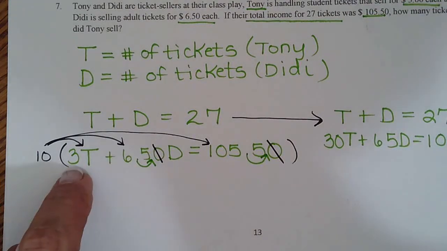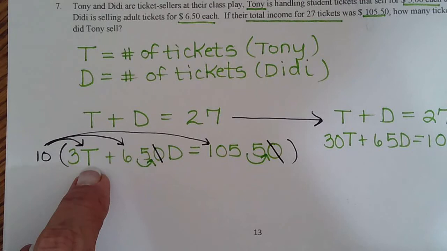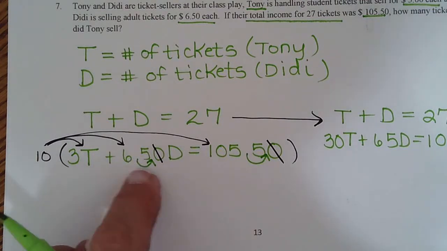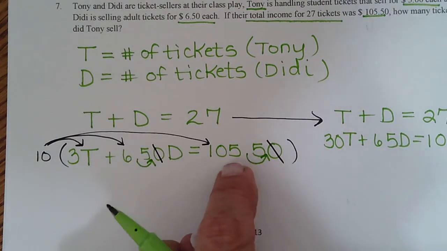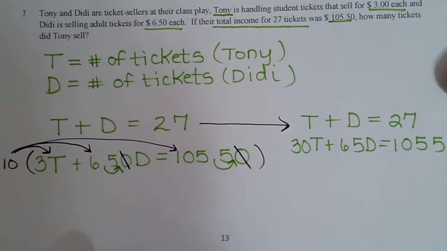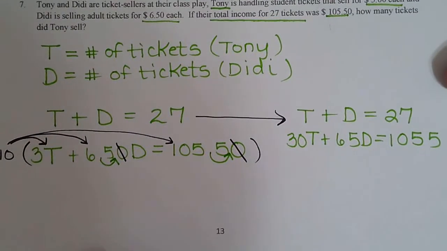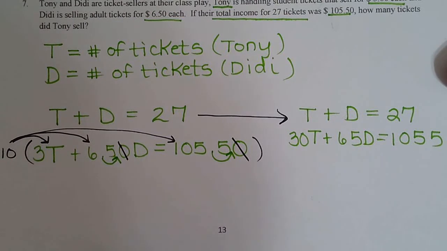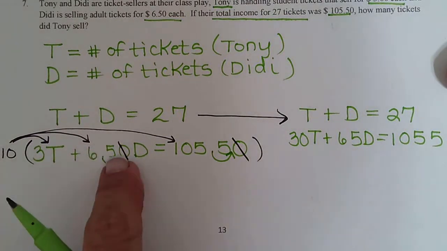So I just moved all the decimals over one. So 3 turns into 30, 6.5 turned into 65, and 105.5 turned into 1,055. Okay, so everybody with me how we did that?